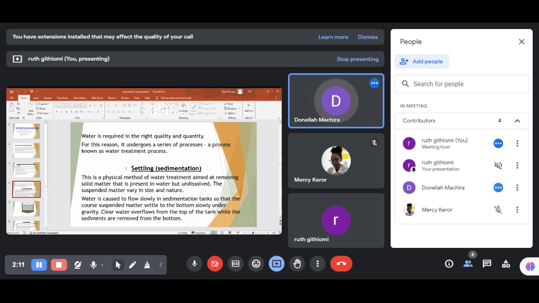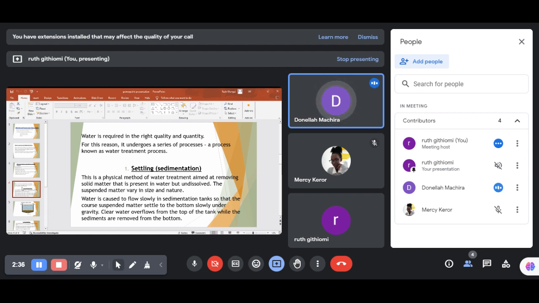Water is required in the right quality and quantity. For this reason, it undergoes a series of processes, a process known as the water treatment process. The first process is settling or sedimentation. This is a physical method of water treatment aimed at removing solid matter that is present in water but undissolved.